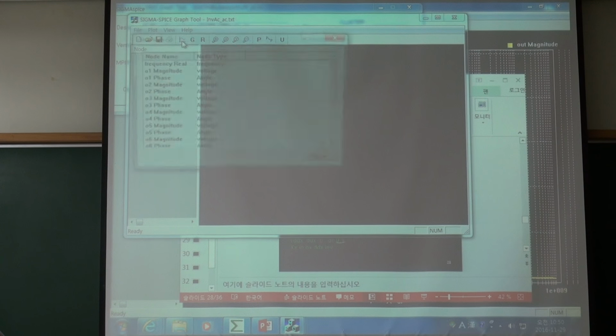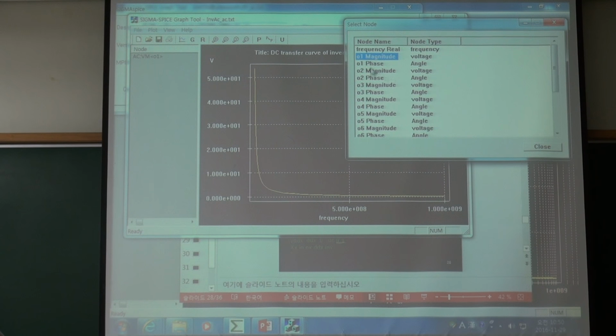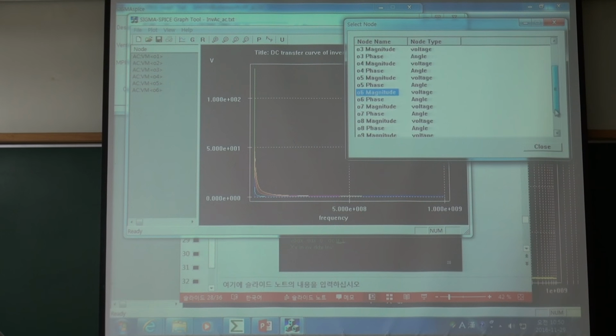Yeah, this is VDD 3 volt. Then this is 2.5. Gain becomes larger. This is 1.5, 1.0, 0.5, 0.4, 0.3, 0.2, and this should be 0.1, something is wrong.